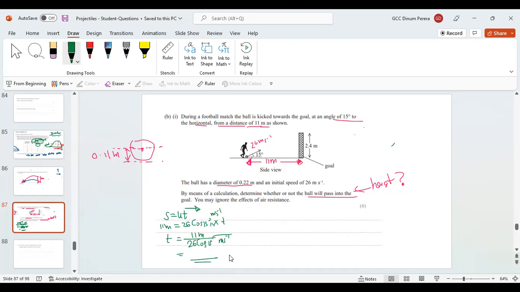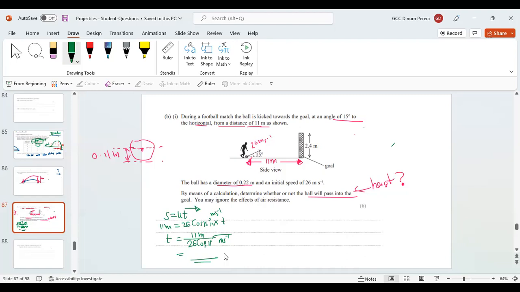Some of you are still mixing up horizontal motion and vertical motion. When you use s equals ut, you need to use the horizontal component of the velocity. I can't be spending time telling you what the horizontal velocity is. By now, you know it. It's 26 cos 15. And since you have the horizontal displacement, you should know that you can use it to find the time.